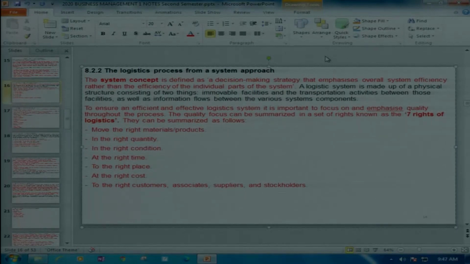The quality focus can be summarized in a set of rights known as the 7 rights of logistics. They can be summarized as follows.